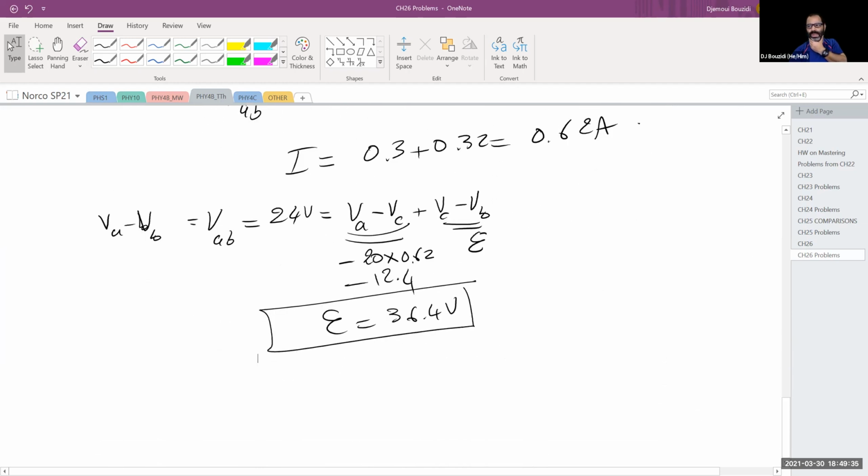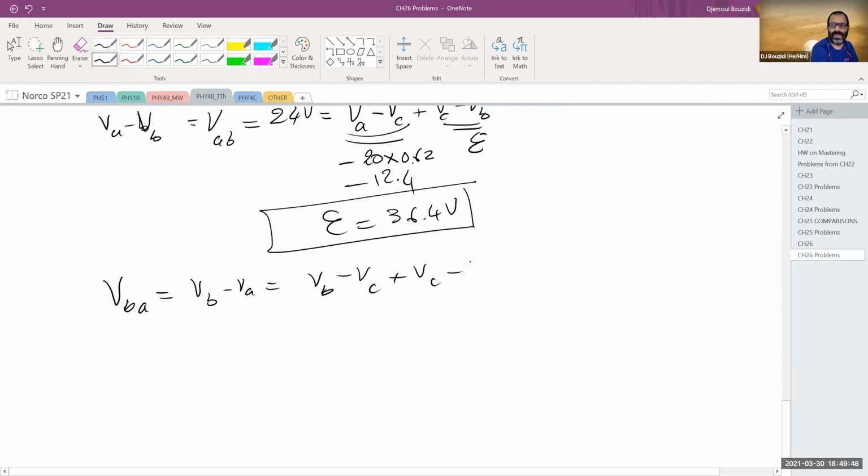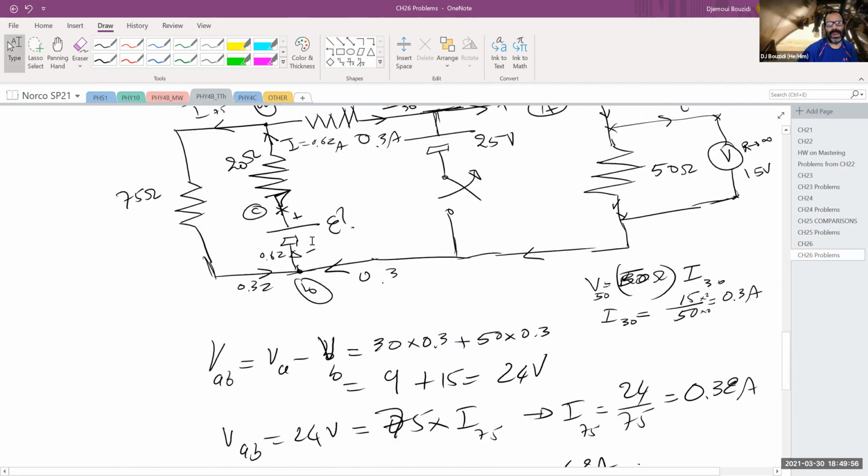So if we do it the other way around, let me tell you what I'm talking about in here. If you do VBA instead of VAB, it's VB minus VA, which is VB minus VC plus VC minus VA. Well, in this case, it's actually negative 24 volts. You're going to rise in potential by an amount which is epsilon.